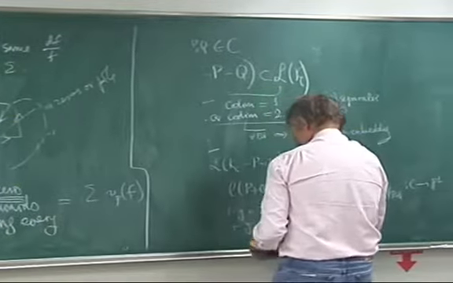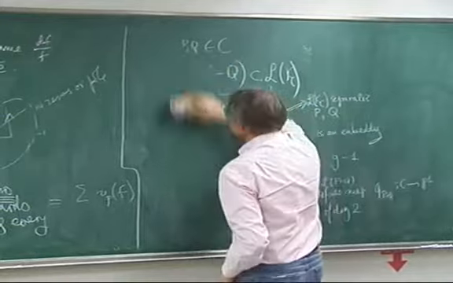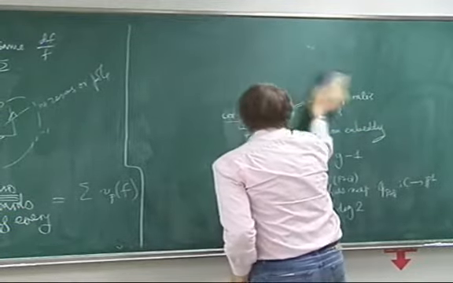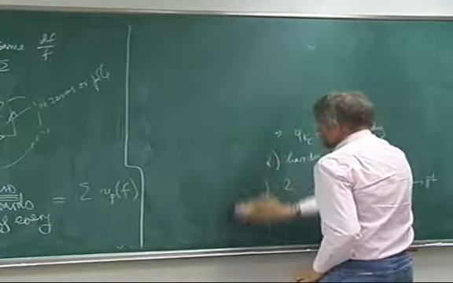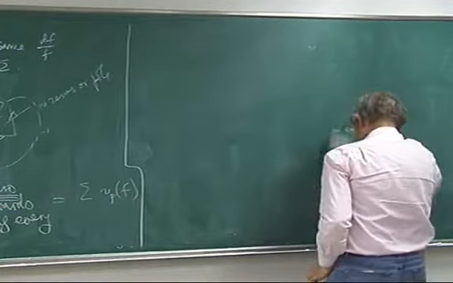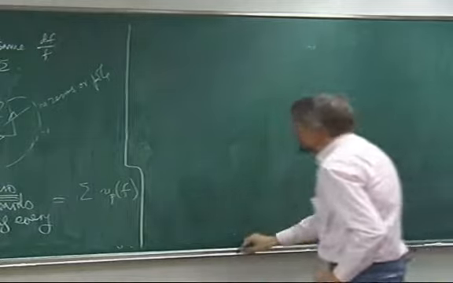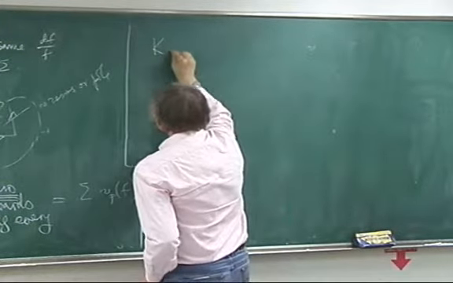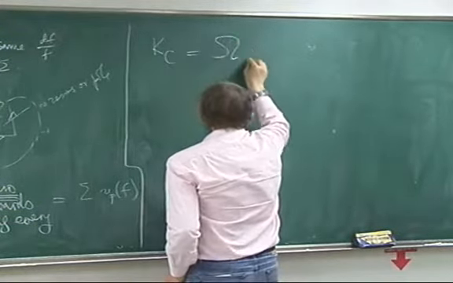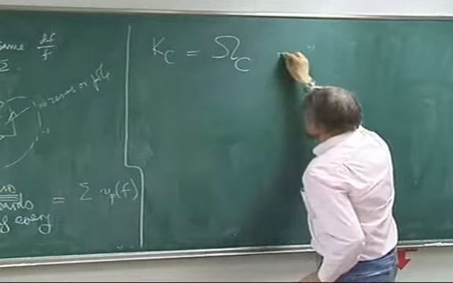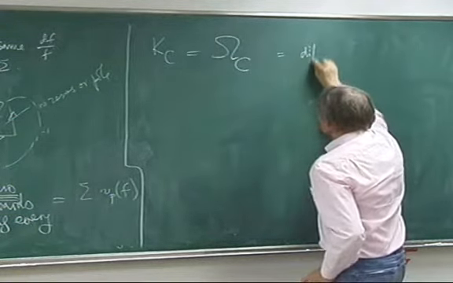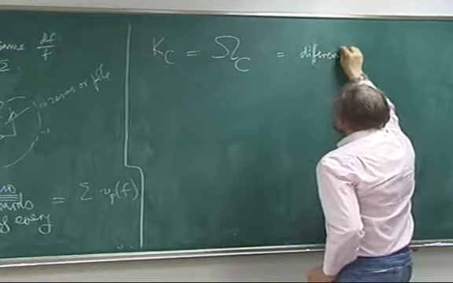So this brings us to the very interesting question of what is Kc. I'm going to discuss this in algebraic geometry, but first let me discuss it in complex analysis. The Kc is omega c, the differential one forms.